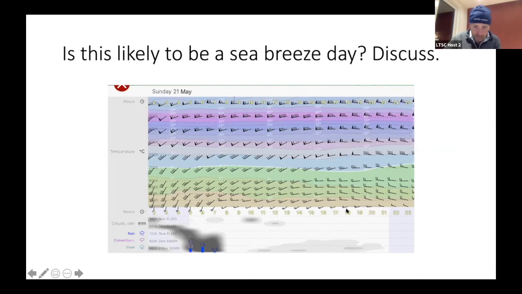Think about directions, and how as you go up in the atmosphere it's changing, and time of day is changing. If this is Lymington, think about what direction you need and at what height to potentially get a sea breeze going, and where the sea breeze direction is.